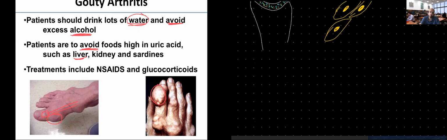So we would recommend them to eat something like an apple, for example. How many cells are in an apple? Do you know? Just one, right? It's a fruit. It's like the egg. How many cells in an egg?